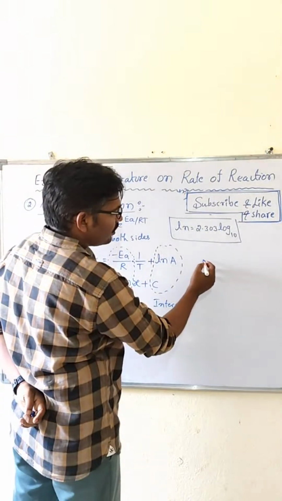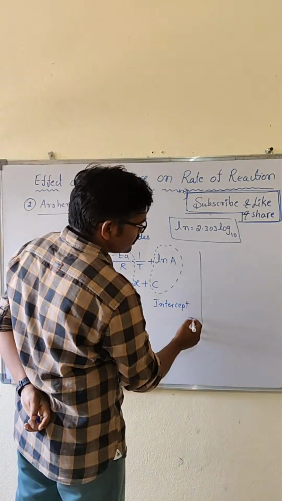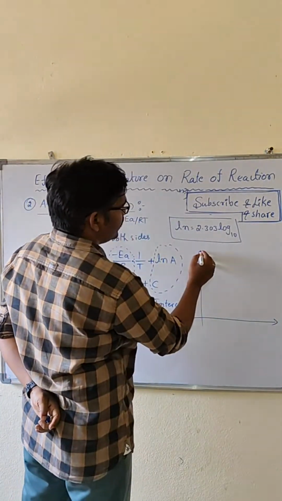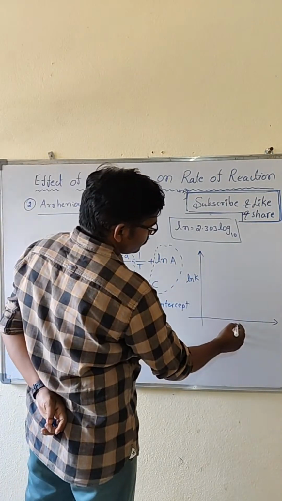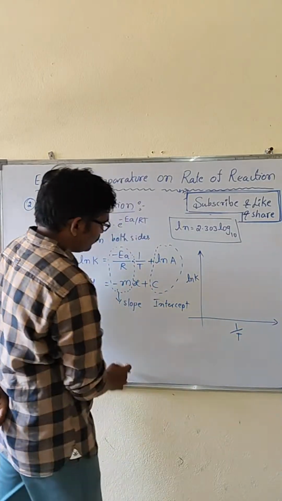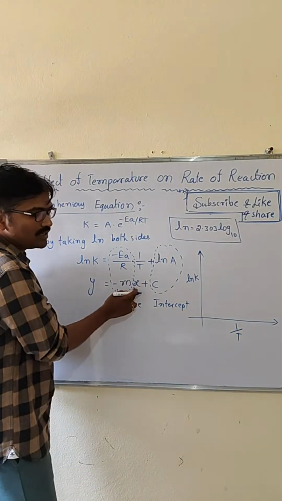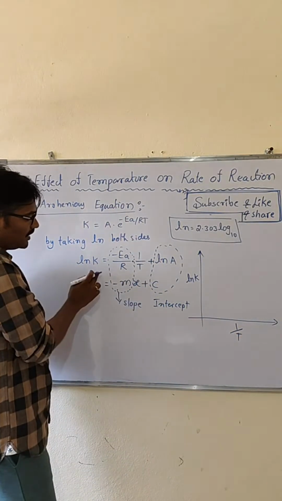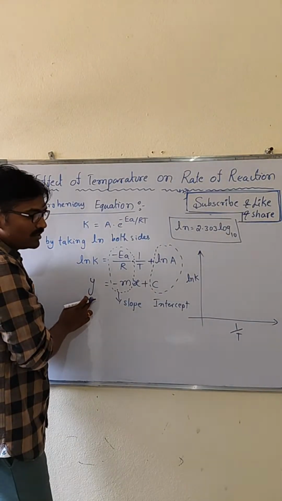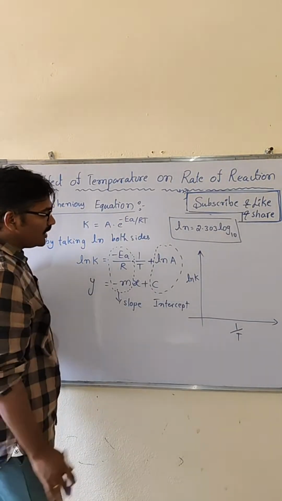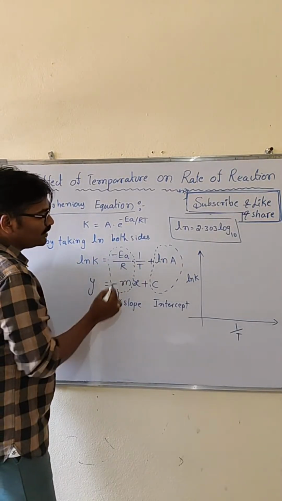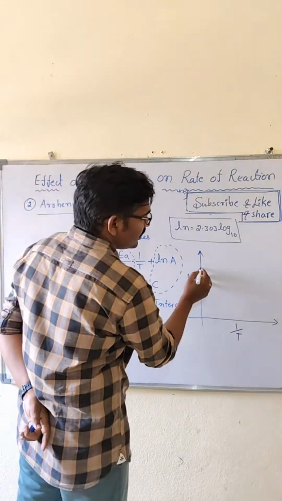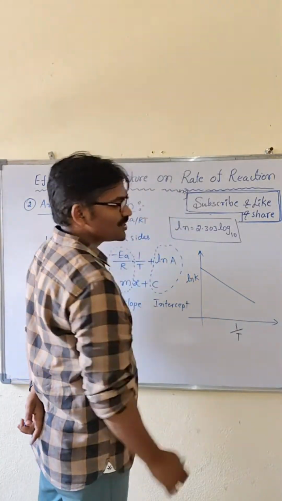Look at the graph, my dear students. If you draw the graph between ln k versus 1 by T, 1 by temperature is on the x-axis and ln k is on the y-axis. Then the slope is negative, so you get a straight line like this.